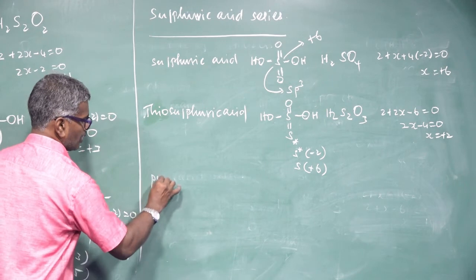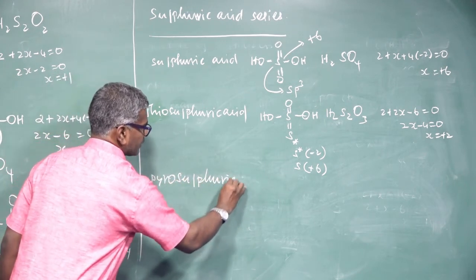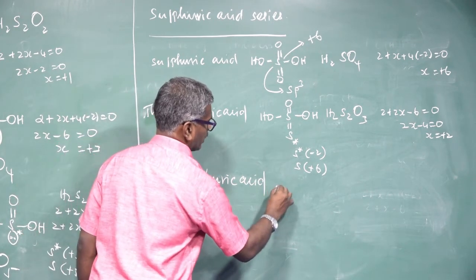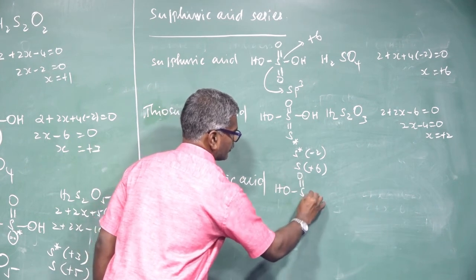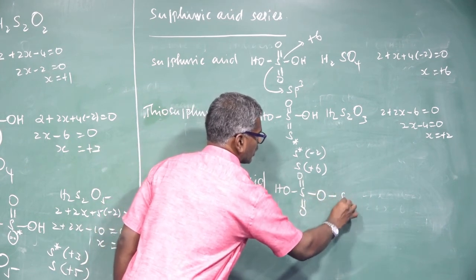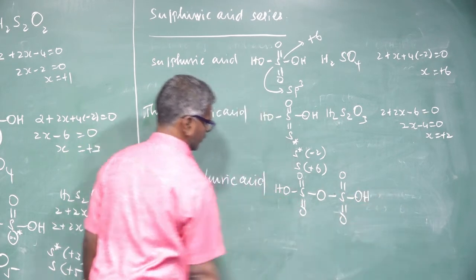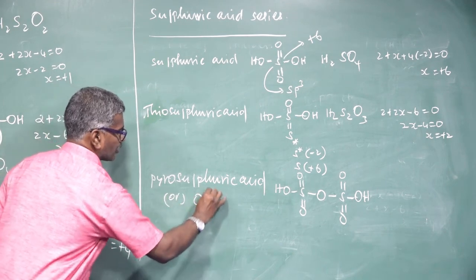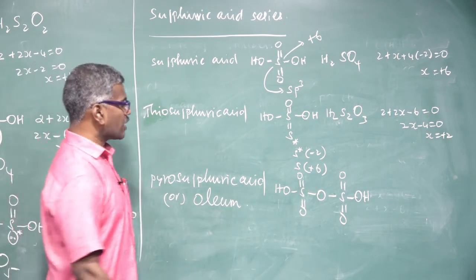Another one, pyrosulfuric acid. The structural formula: HO, S double bond O, O, S double bond O, double bond O, OH. Pyrosulfuric acid, another name, oleum. What is the formula?